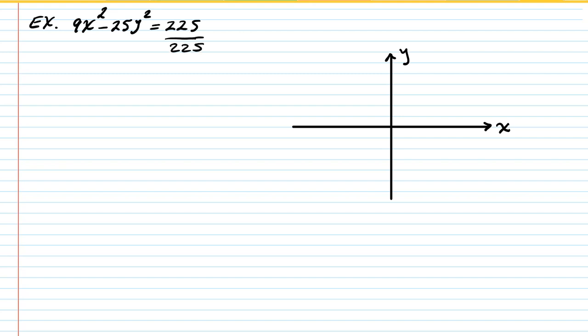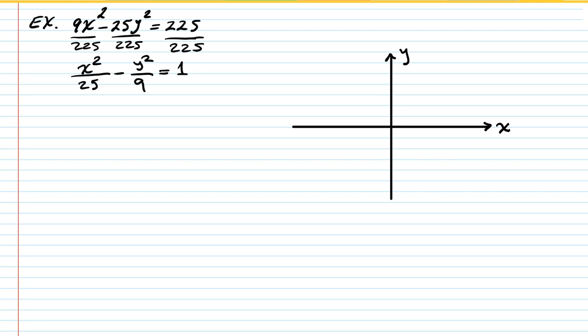So first and foremost, we've got to divide everything by 225. That's the first thing we need to do. Now, once we divide by 225, well, 9 and 25 are factors of 225, so that's going to work out nicely here. So this is going to be x squared divided by 25 minus y squared divided by 9 is equal to 1.